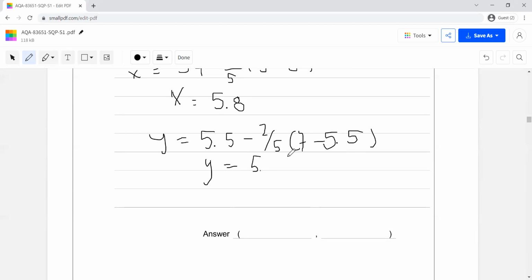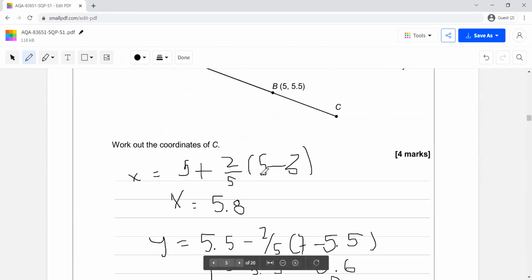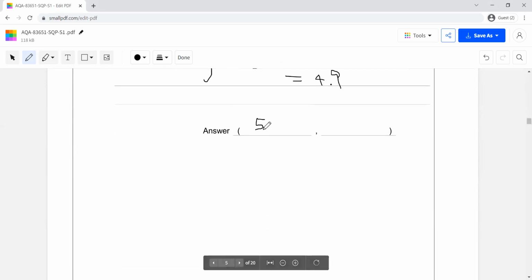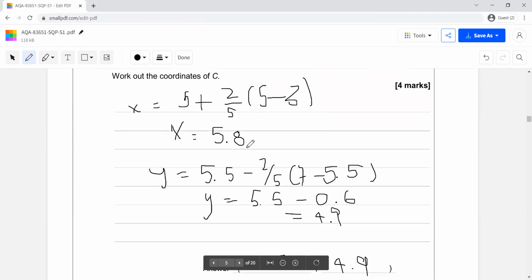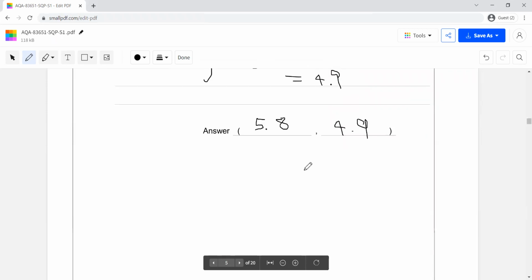So this is 5.5 minus 0.6, which is 4.9. So C has coordinates 5.8 and 4.9. And this is because to get to C, we know that this is 5 parts and this is 2 parts. So we're adding 5, we're subtracting 2/5 from the distance between A and B.